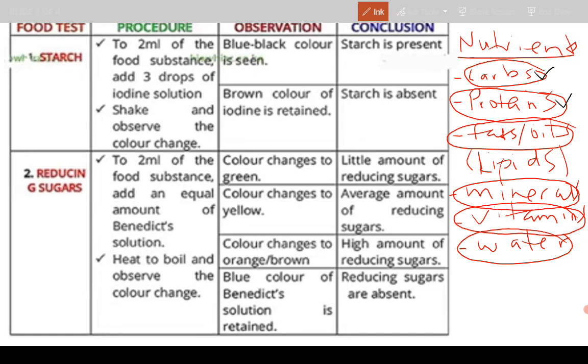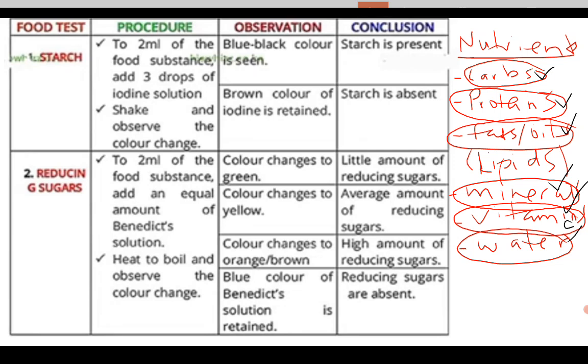Also proteins, fats and oils, which are collectively called lipids, some minerals, as well as vitamins such as vitamin C, as well as water. So in science, we want to clearly detect whether certain foods contain any of these nutrients.